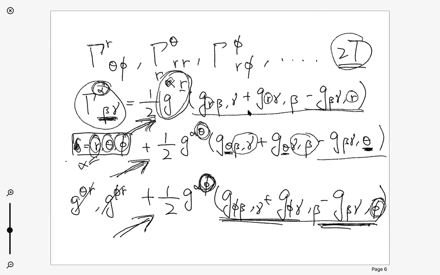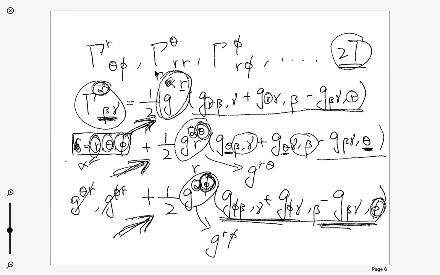If we are talking about alpha being R, don't forget that for the Christoffel symbol we have 3 chunks of things here. So when we say alpha is equal to R, we must also say that the alpha here is R. Alpha here is also R. So we have this metric being G R theta, and this metric here being G R phi. Then what would happen to the whole chunk of things here? What would they become?